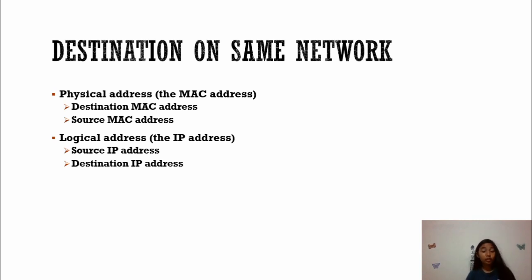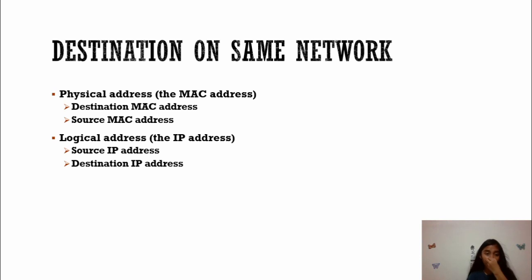The MAC address is used for Ethernet NIC to Ethernet NIC communication in the same network. The logical address, the IP address, is used to send the packet from the original source to the final destination. The physical address has the destination MAC address and the source MAC address, and the logical address has the source IP address and the destination IP address.